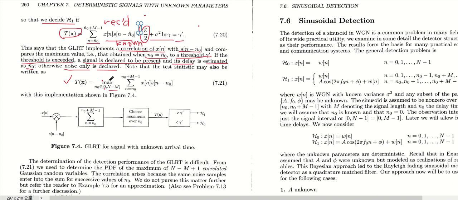For example, you do an experiment and it gives you 10 as the maximum. Then you say 10 is the n0. And next time you try it, you might get 20. Then 20 is the n0 for this experiment. Okay, so that's the thing.